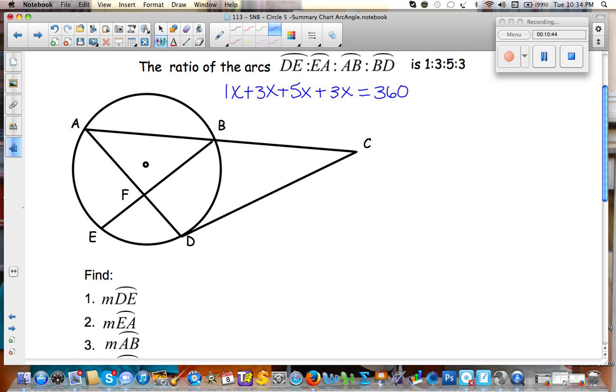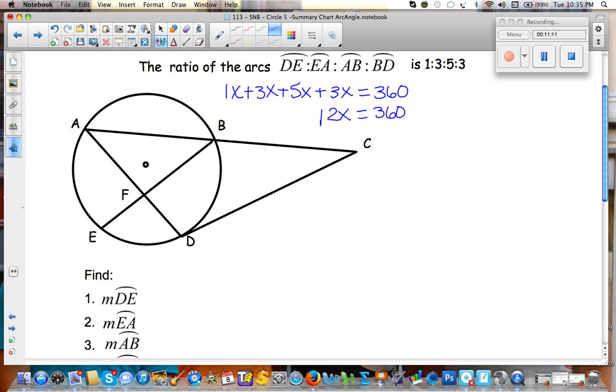And those arcs represent the arc addition postulate that we talked about earlier in the section. So, algebra skills, we're combining like terms. 1x plus 3x plus 5x plus 3x. We combine like terms, we get 12x is equal to 360, and we divide both sides by 12, and we see that the value of x is 30.